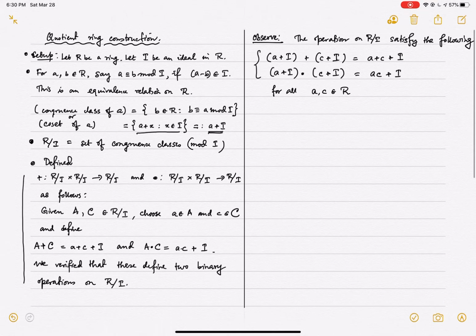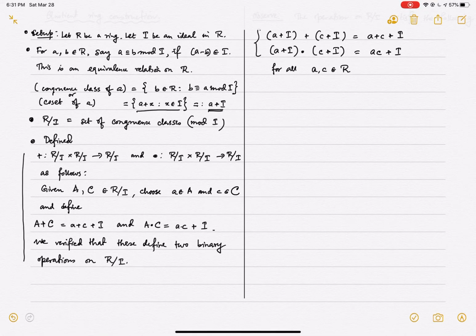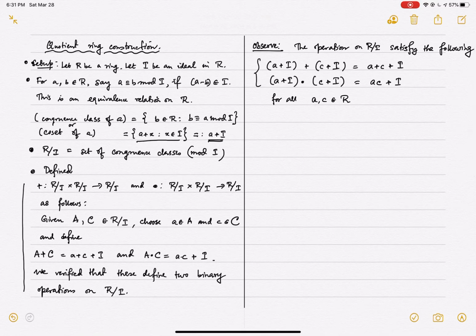But once you have done this verification that we did towards the end of the last video, you can calculate with them simply by knowing these two equations.